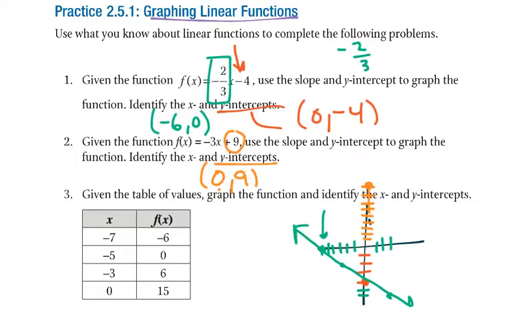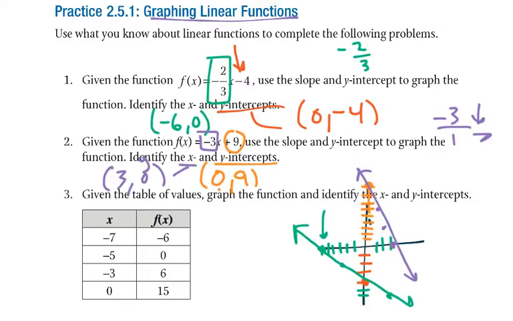Okay, then the x-intercept, we use that slope, negative 3. So the slope is negative 3 over 1, so down 3 to the right 1. Down 3 to the right 1, and that puts us on the x-axis, where x equals 3, so the x-intercept is 3, 0. Remember, the x-intercept always has the y value as 0.